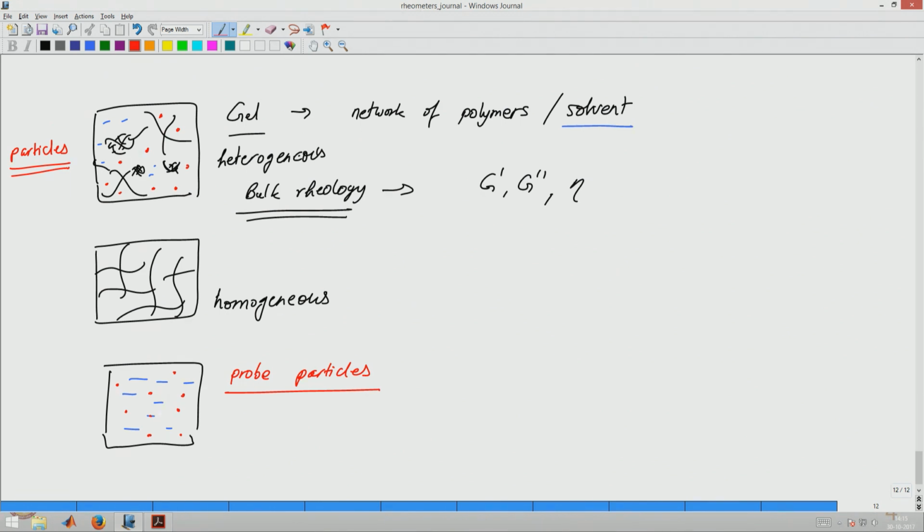Our hypothesis is that the gel response is the same whether we add particles or not. Just the way in water, if I add particles, we assume that water viscosity is not going to change, because we are adding a very small amount of particles. But by looking at what particles are doing, can I get to know what the surrounding material is?